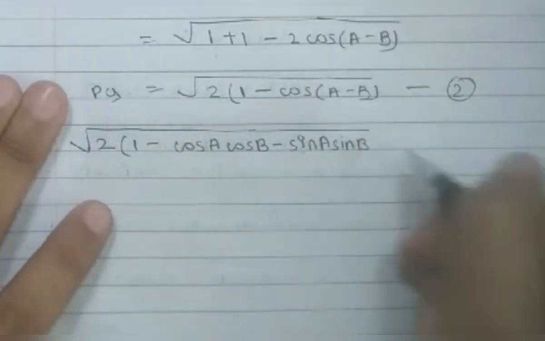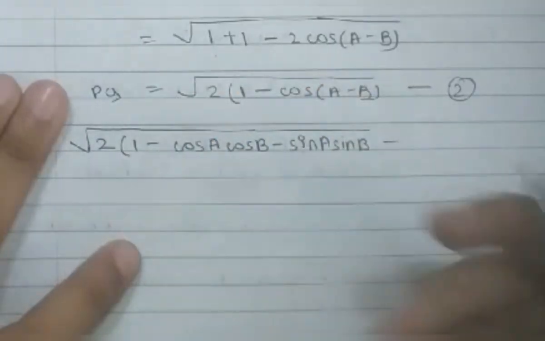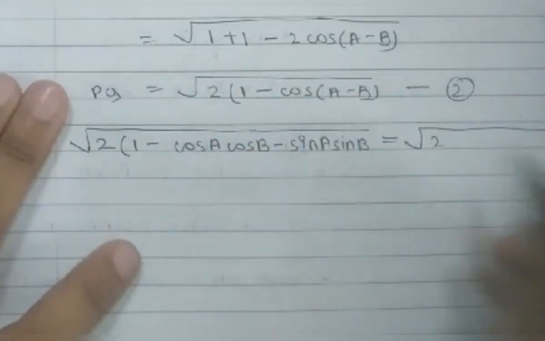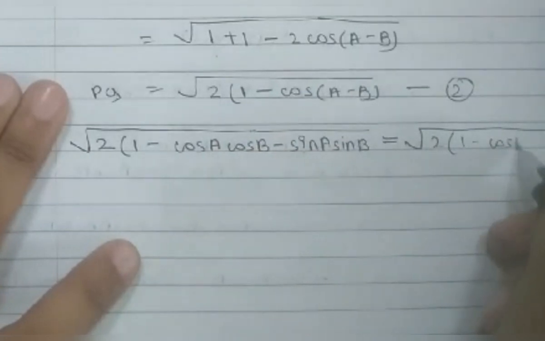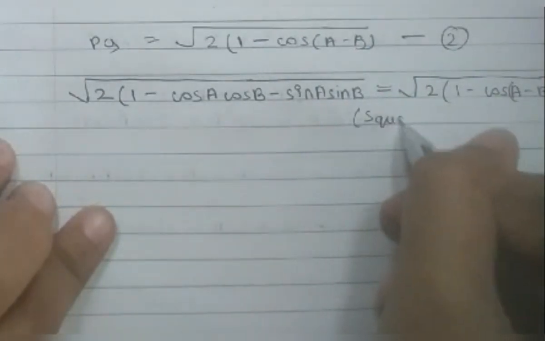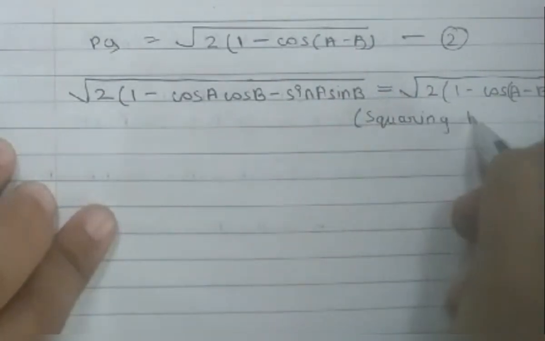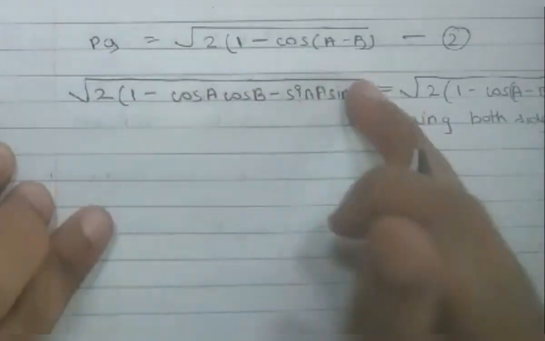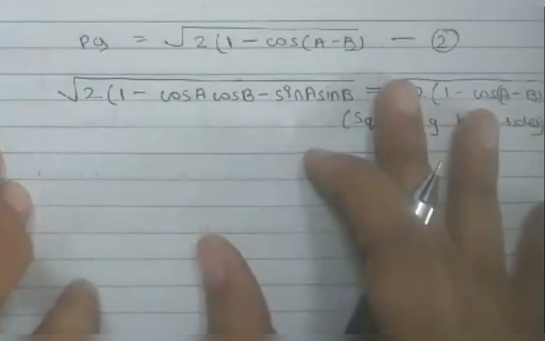And in equation 2, this was equation 1, which is equal to equation 2 because the length would be the same: root of 2 into 1 minus cos of A minus B. So we will take the square on both sides. You can write squaring both sides. The square root will go because we have taken the square on both sides.